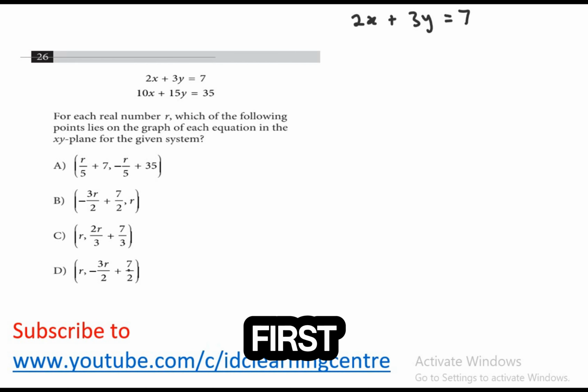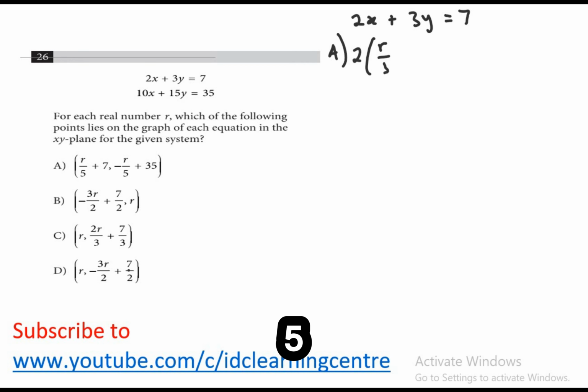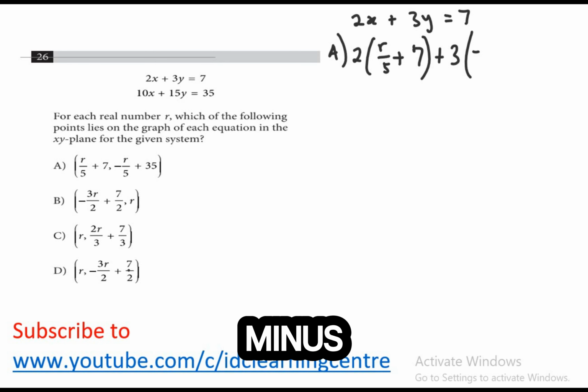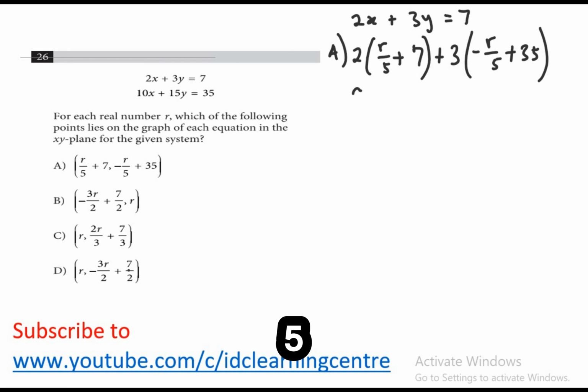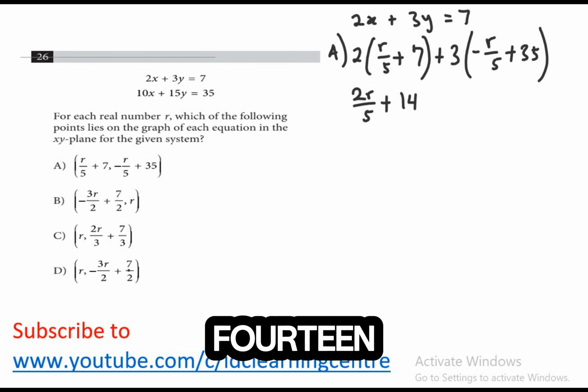I'll start with the first option, option A, where x is r over 5 plus 7 and y is negative r over 5 plus 35. So I plug in 2 times the bracket r over 5 plus 7, then plus 3y. Our y there is minus r over 5 plus 35. Let's see if we'll get a result of 7. If you expand the first bracket, 2 times r over 5 is 2r over 5, plus 2 times 7 is 14.